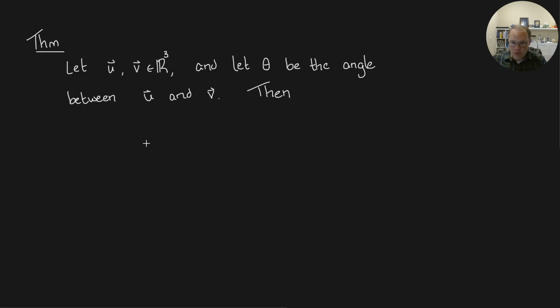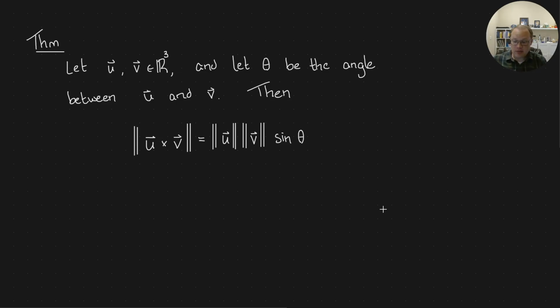If we take the cross product of U and V and then look at the norm of that cross product, this would be equal to the norm of the first vector times the norm of the second vector times sine of the angle between them.